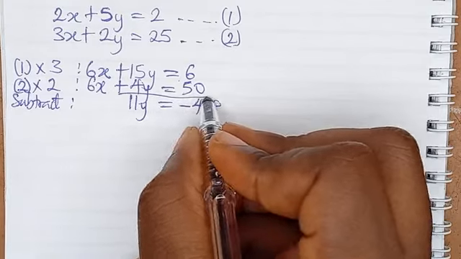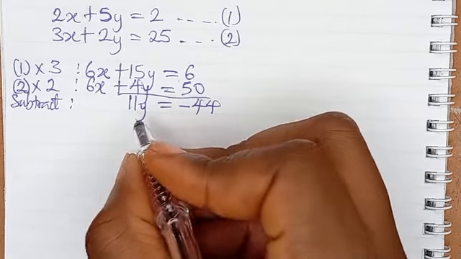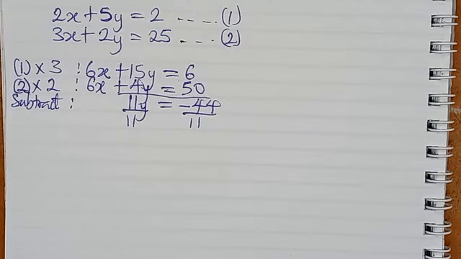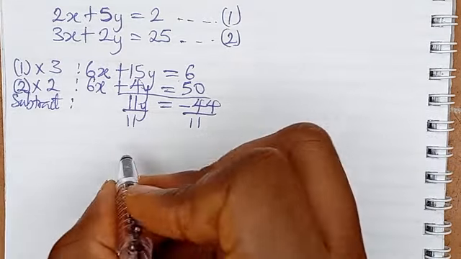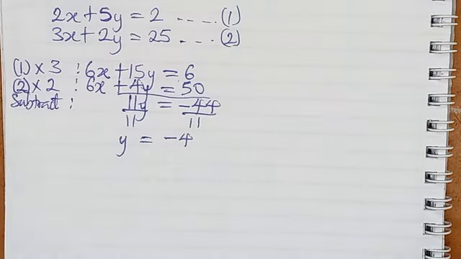Now, this is what we are left with. Now, we already know what to do. We are going to divide both sides of the equation by 11. And when we do that, we are going to find that y is equal to negative 4. Now, we are going to solve for x since we've solved for y.